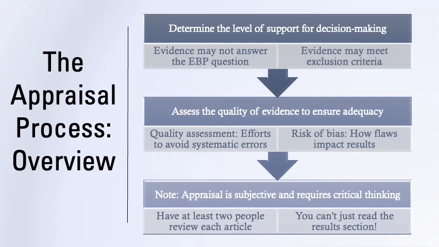Therefore, it is best practice to always have two people review each piece of evidence and then compare your individual conclusions on the level of support for decision making and the quality of the piece of evidence.